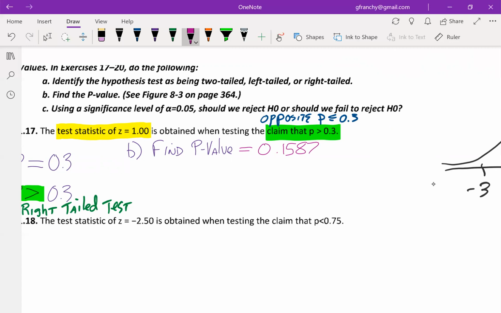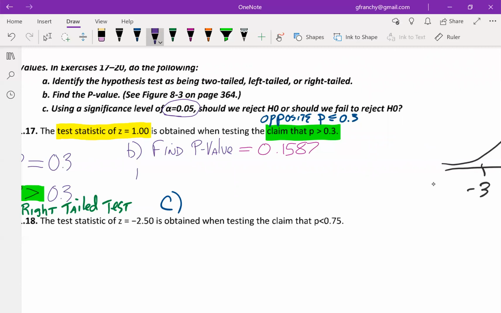The last thing we need to do here is decide whether we're going to reject or fail to reject the null hypothesis. To do this, we need our rule of rejection, and our rule of rejection requires us to have a level of significance, which is alpha.